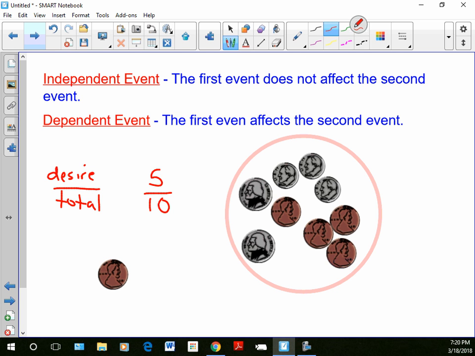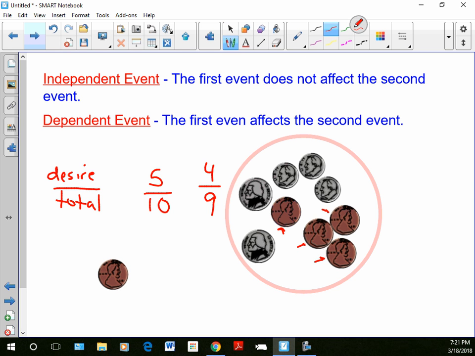Now for the second event, there are only 9 possible outcomes, or 9 things that could be pulled out. How many of those are pennies? Well, I pulled 1 penny out, so how many's left? 4. So it's 4 out of 9. You can see that what I did the first time by pulling that penny out affected the second event.